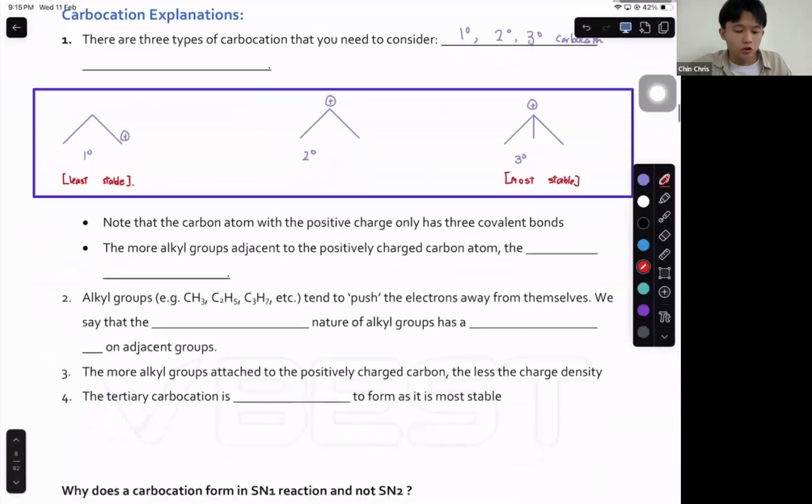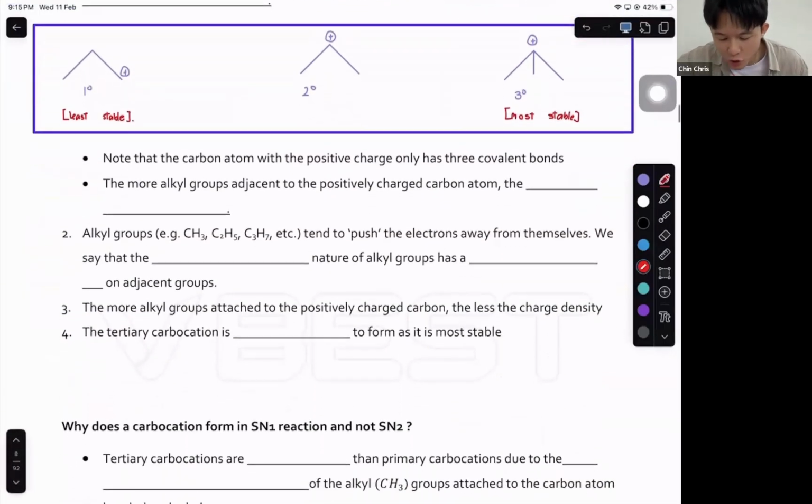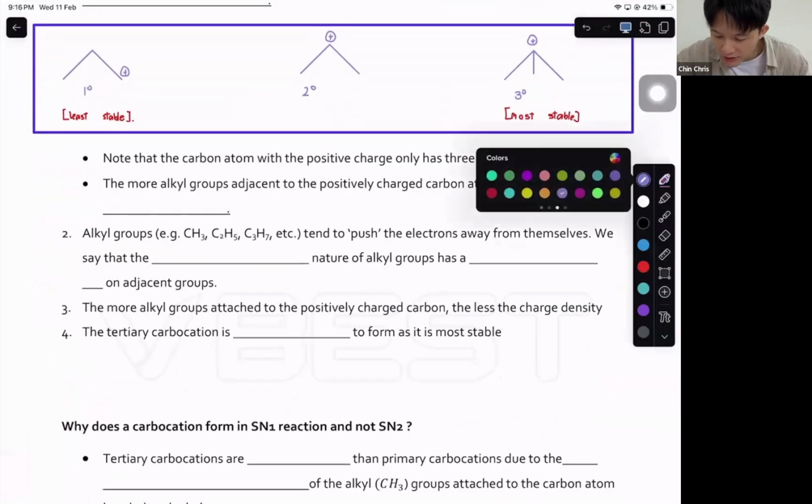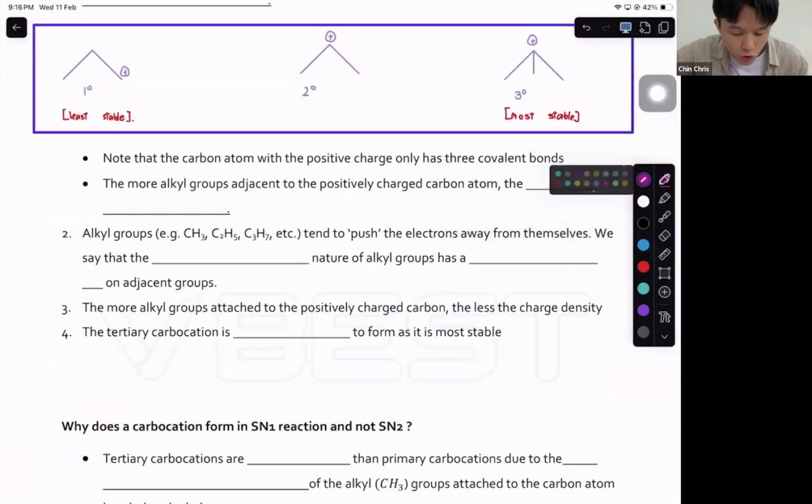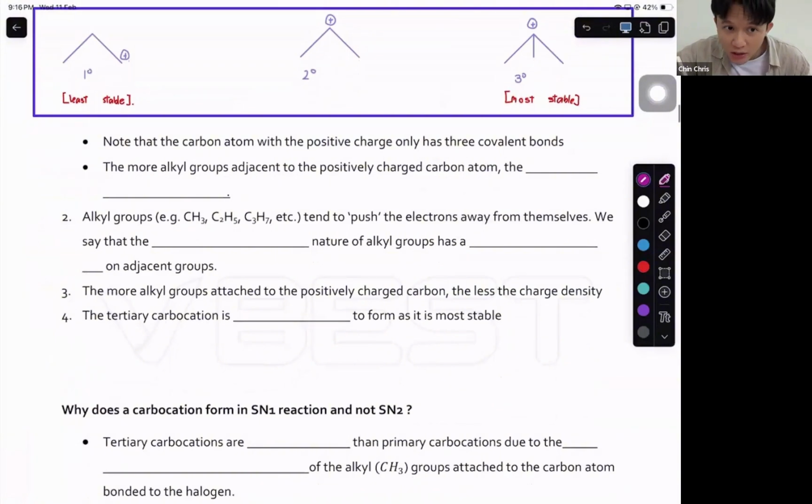Alright guys, know that the carbon atom with the positive charge only has 3 covalent bonds. The more alkyl groups adjacent to the positively charged carbon, the more stable it is. Remember, alkyl groups have a property we call electron donating property, correct?